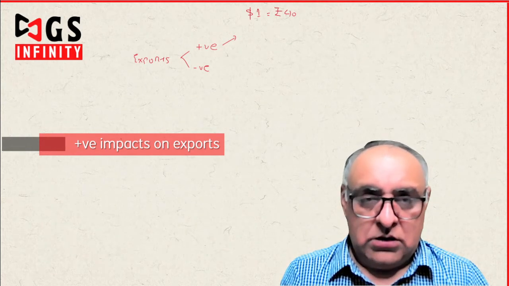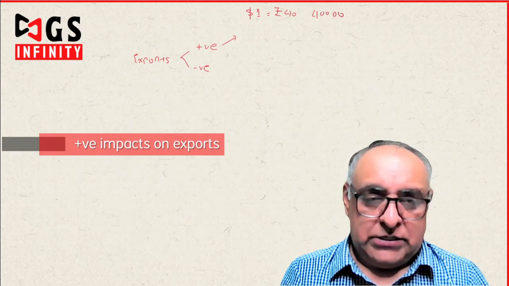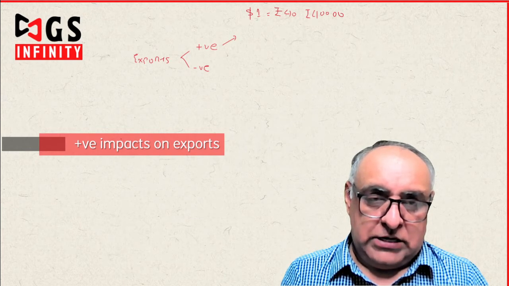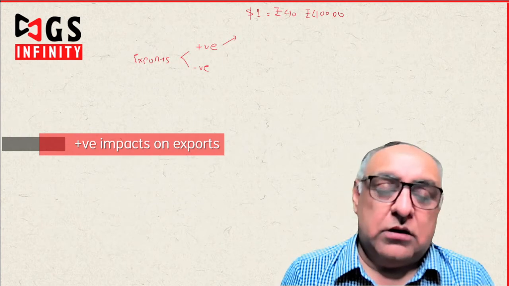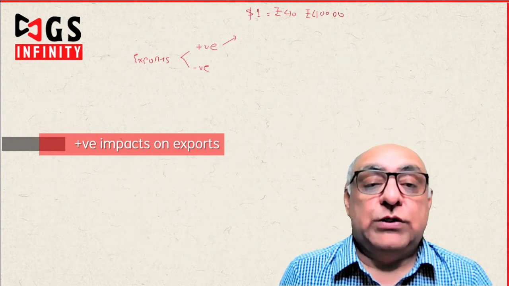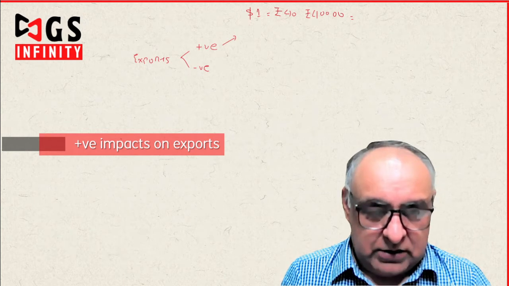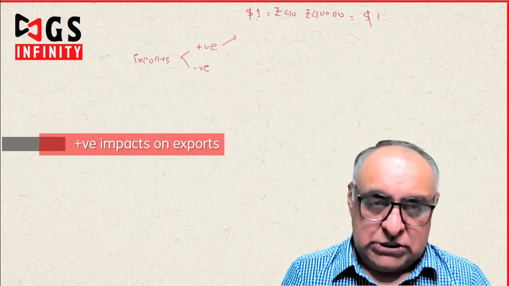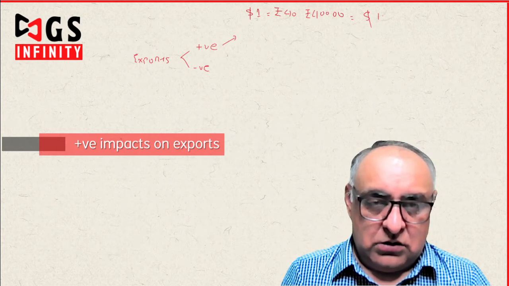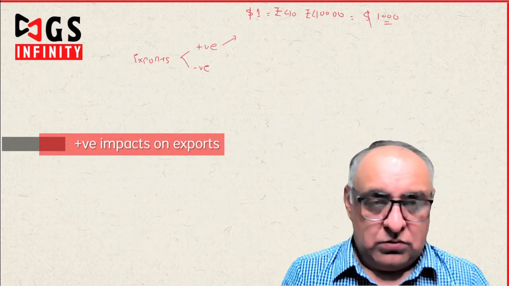Suppose goods worth rupees 40,000 from India are exported to some country outside. So the foreign buyer of Indian goods would have to pay how much? That is, $1,000 he would have to pay.